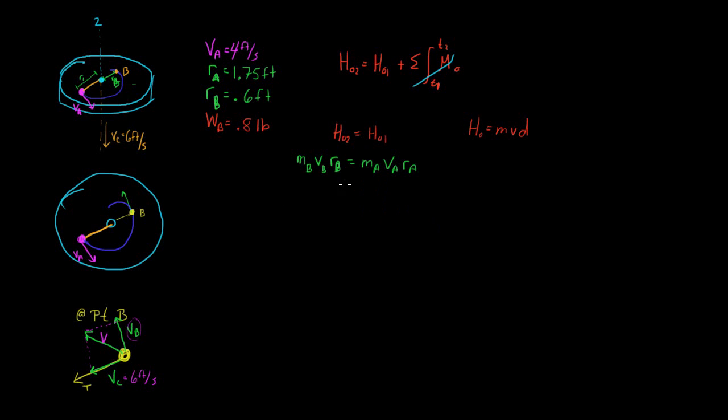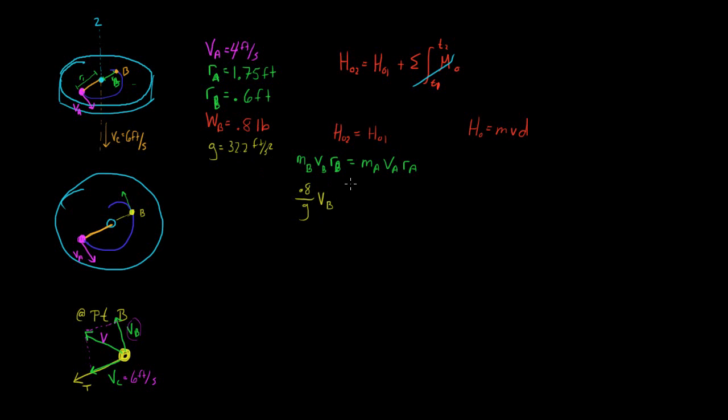But we know that the weight of this ball at the second point B is going to be this 0.8 pounds divided by gravity. And gravity is 32.2 feet per second squared. And the velocity of B is what we're looking for.